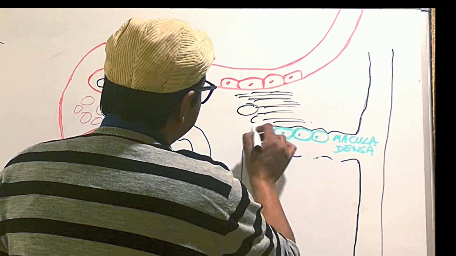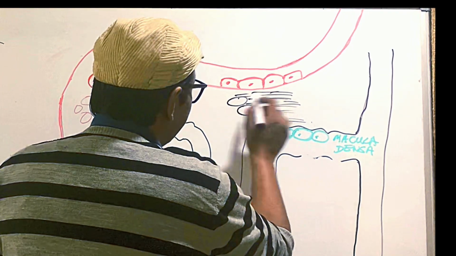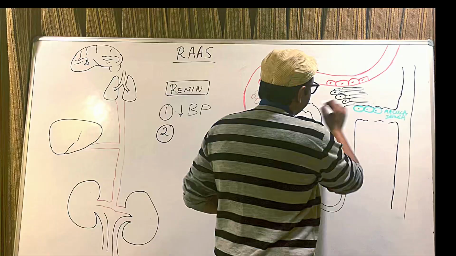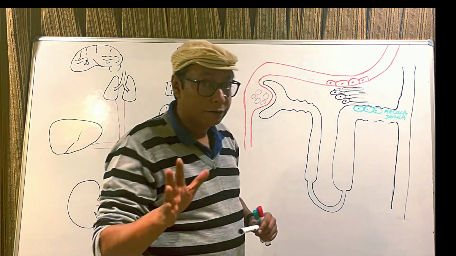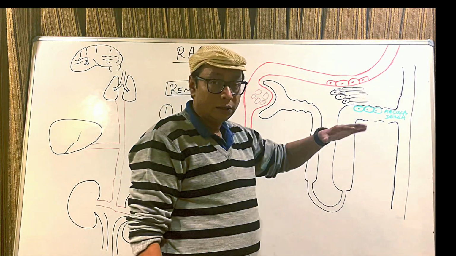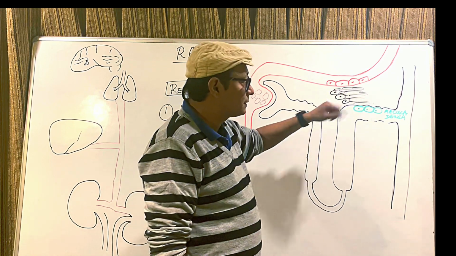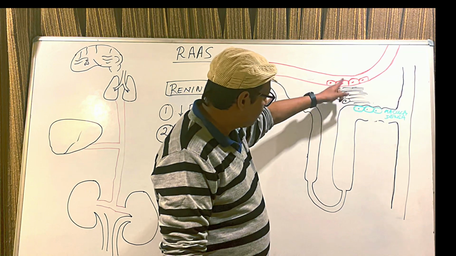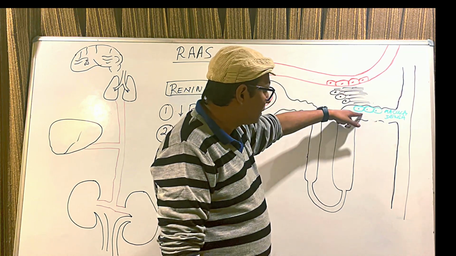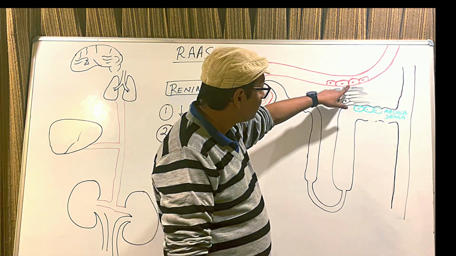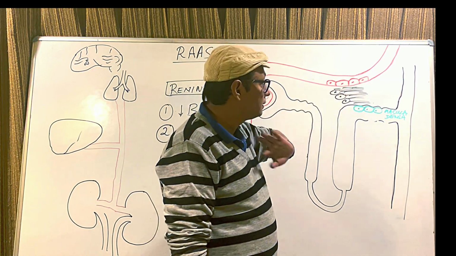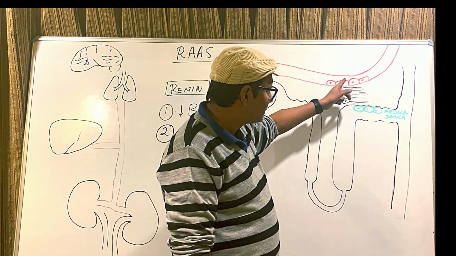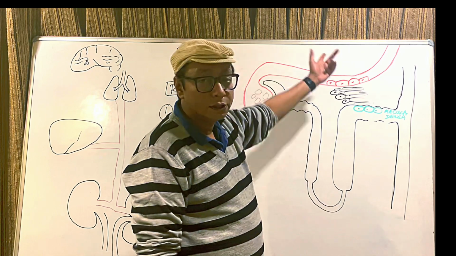There are also other cells called extraglomerular mesangial cells. They also contain renin, but they don't contribute to this RAAS system. But through the intracellular matrix, the macula densa can crosstalk with the juxtaglomerular cells, so they stimulate the secretion of renin.